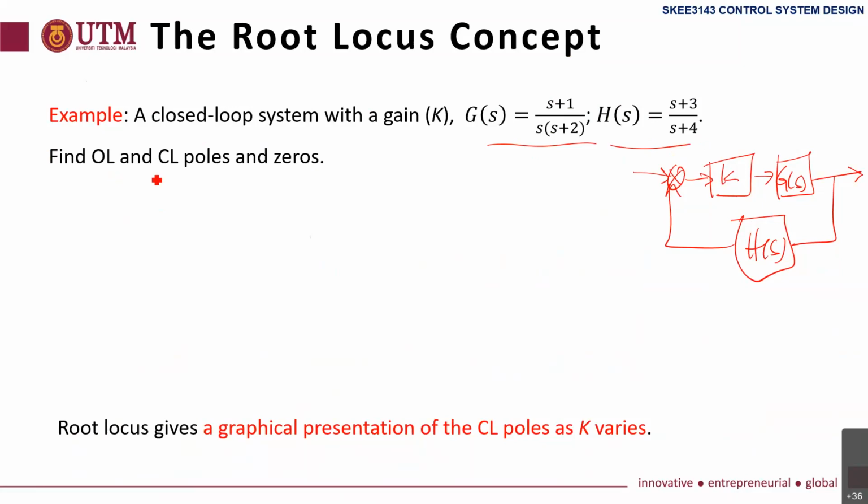Find the open loop and closed loop poles and zeros. Now write the open loop transfer function and the closed loop transfer function. Do it now.